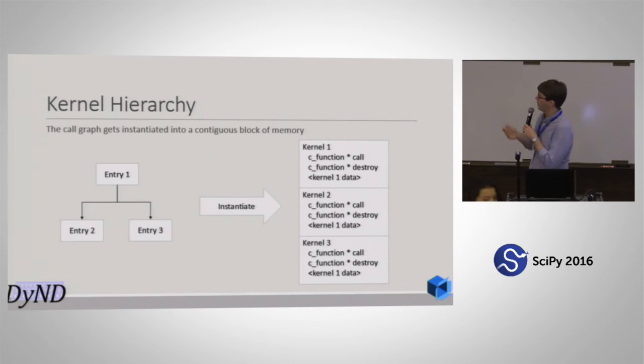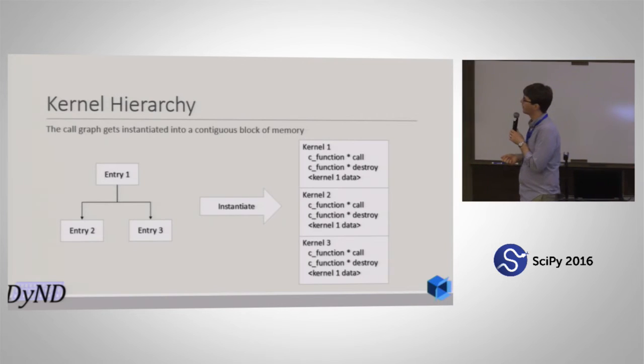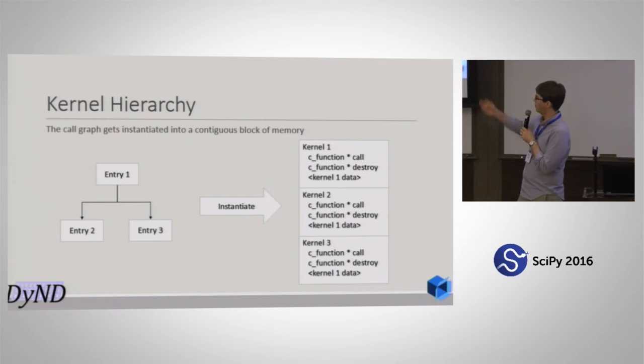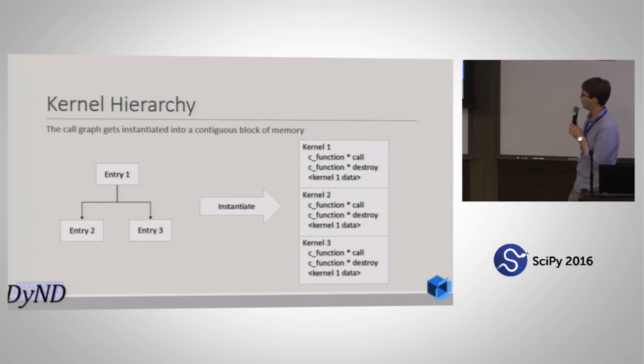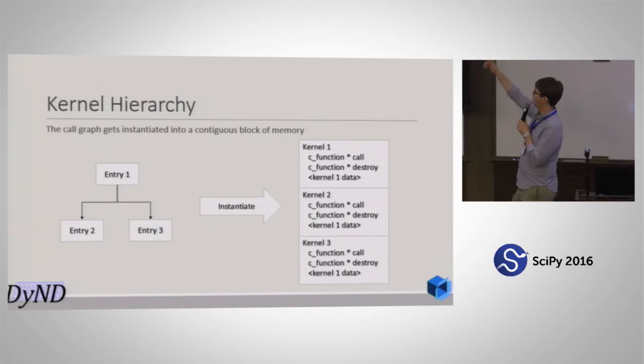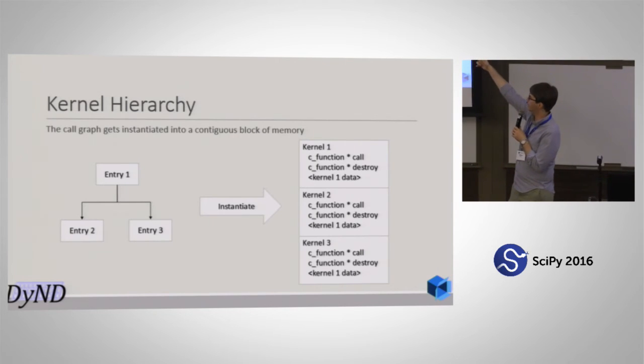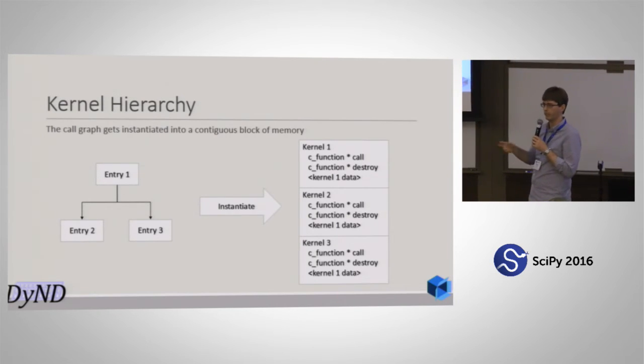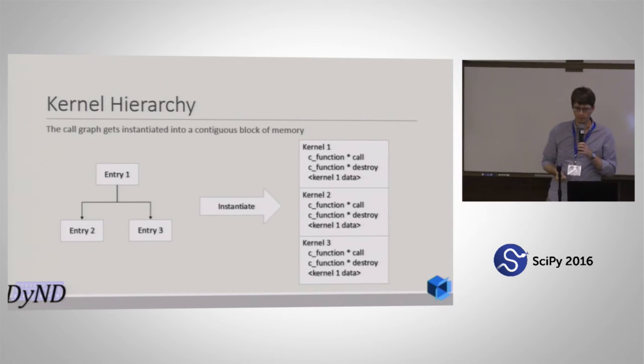So here's an example of how that might look. The callable got reduced into that call graph. Then we instantiated, and now they're sitting contiguously in memory. And kernel 1 will know the offsets from it to kernel 2 and kernel 3 to be able to call down to them for individual subcomponents of the elements it's working on.